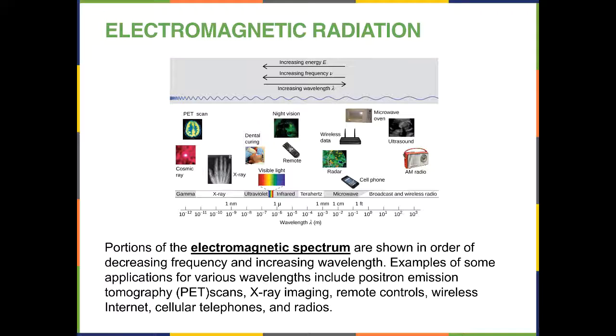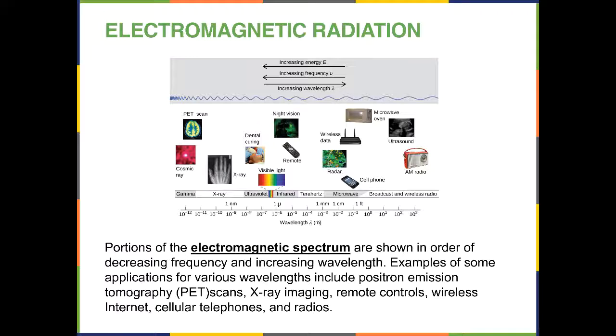This slide shows the various types of electromagnetic radiation. They've been listed here in order of decreasing frequency, which means increasing wavelength. So on the left will be the highest frequency and smallest wavelength, and on the right will be the lowest frequency and the greatest wavelength.